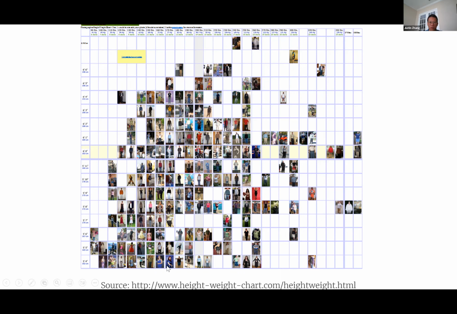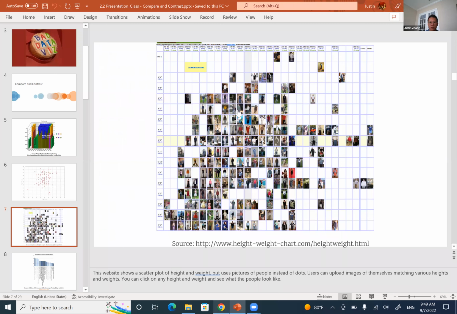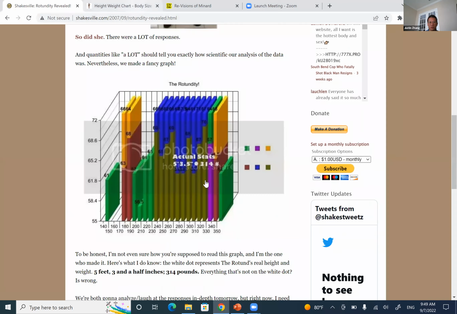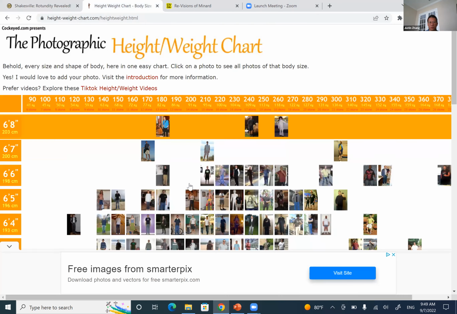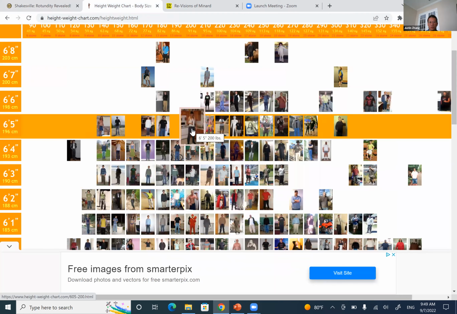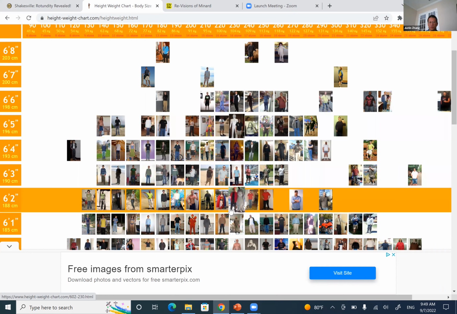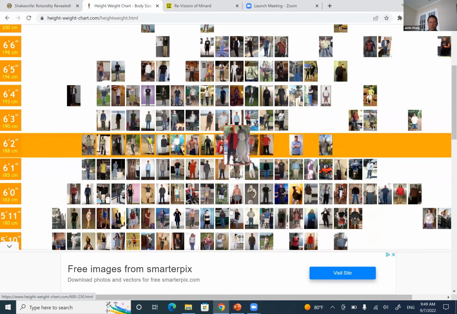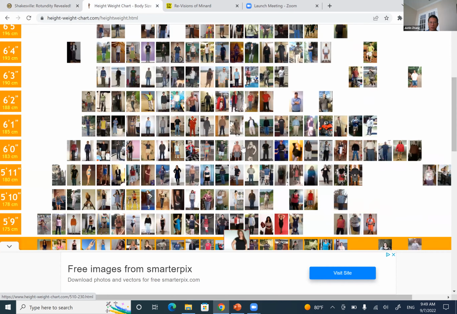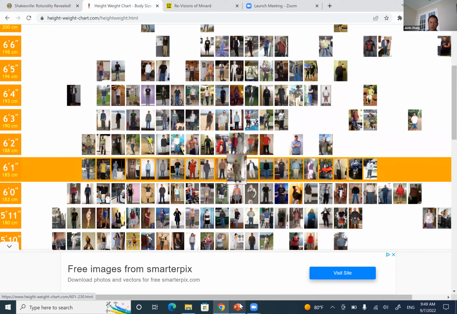The website still exists. If you go to this website, it looks like this. You can click each image to see each person's image. So this is an interesting way to use images instead of dots to present this dot plot.